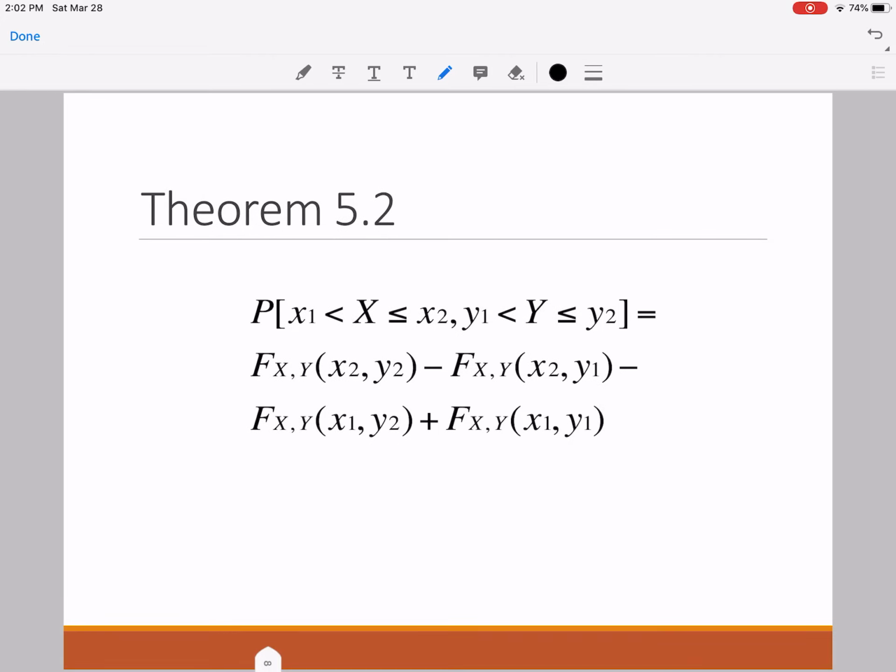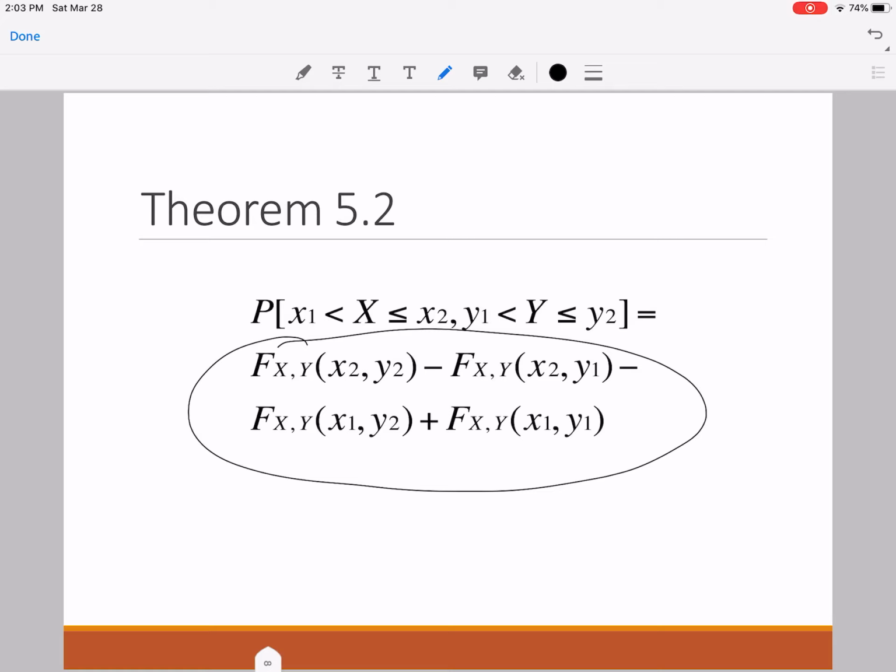This theorem 5.2 is used to solve probability problems with joint random variables if you would like to use their joint CDF to solve probabilities. So let's say that I'm interested in finding the probability that x belongs to an interval x1 comma x2 and y belongs to an interval y1 comma y2. Then how can I use the CDF? This is how I'm going to apply the CDF.